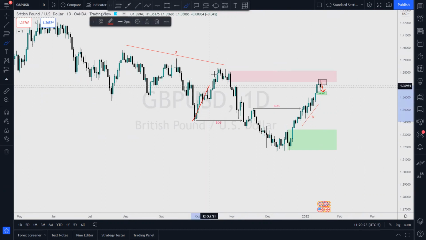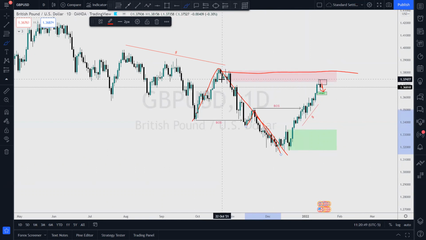Here, after this pullback and this leg of structure, this was the last major lower high. This is a pullback for me. It counts as a pullback and down. All right. And we are bearish, right?